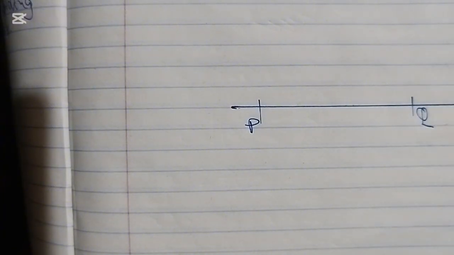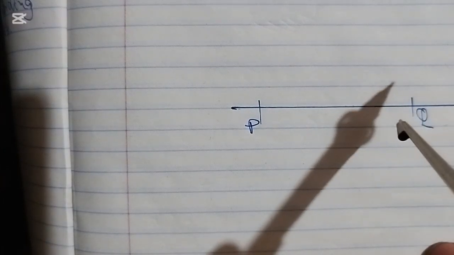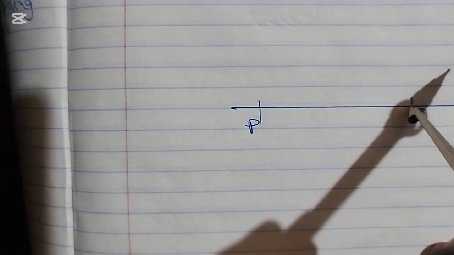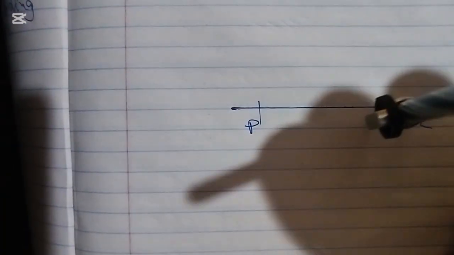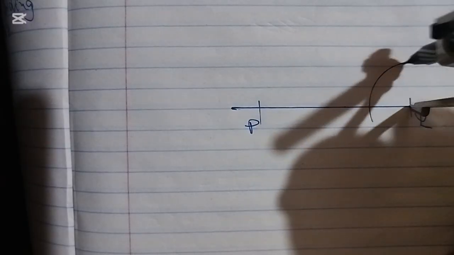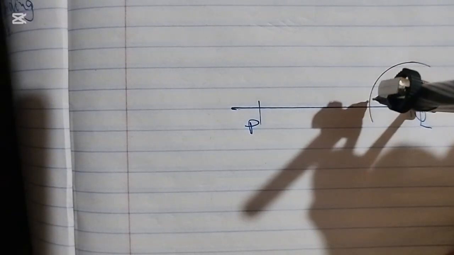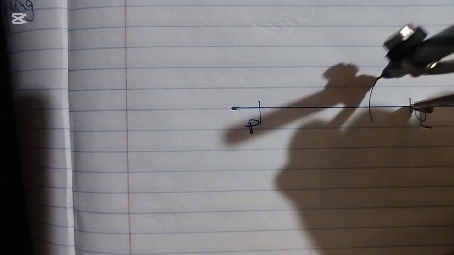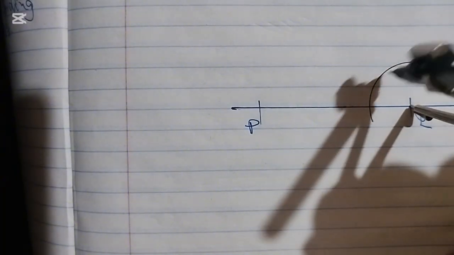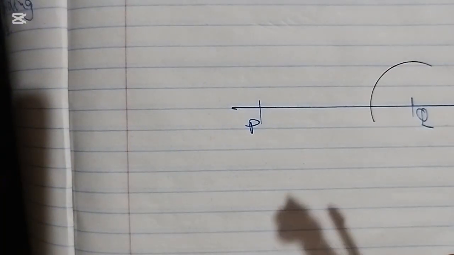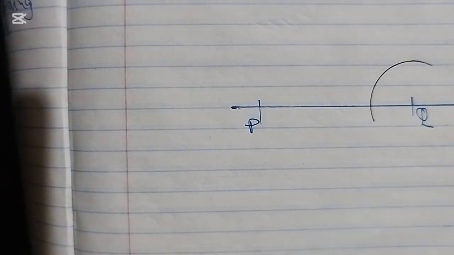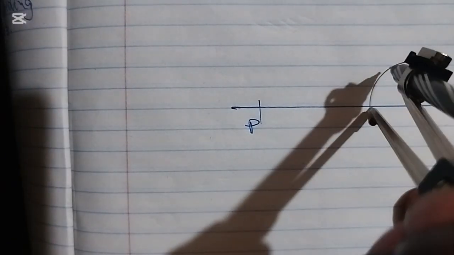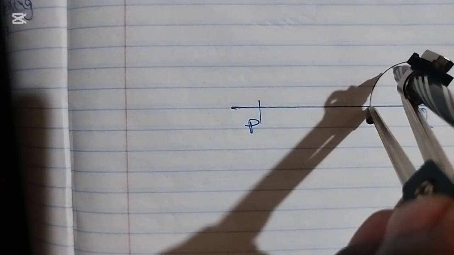I'll take my compass with Q as the center, meaning that I'll stand at Q here, that way. Then using any compass radius of your choice, I make an arc. After making an arc that way, I'll go to where the arc cut the line PQ. I'll stand here.